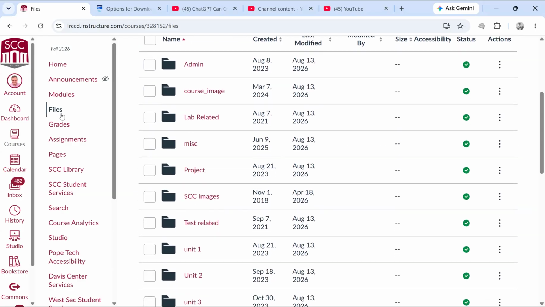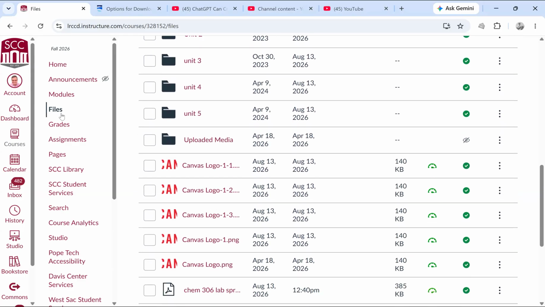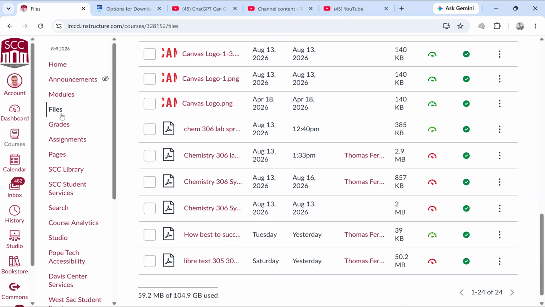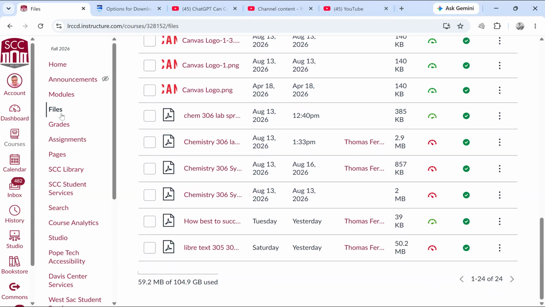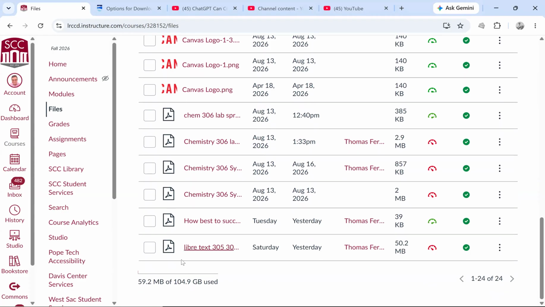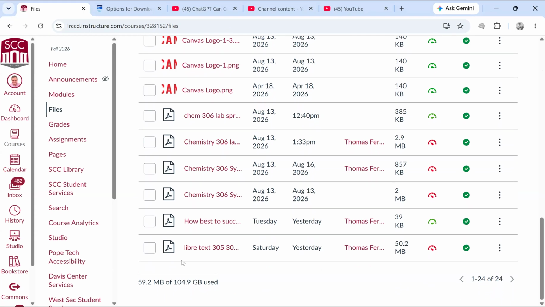You go to Files, at the bottom here. Gotcha. Thank you so much. And don't forget that's 305 and 306. So you're going to skip through the 305 stuff about halfway through, and then look for alkanes. That'll be the first chapter. All right. Thank you.